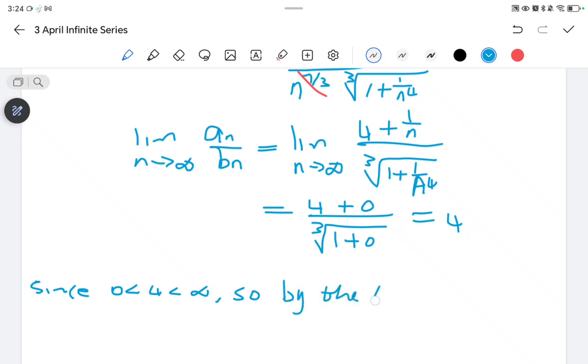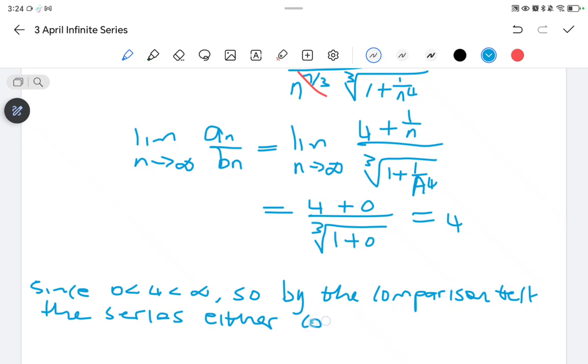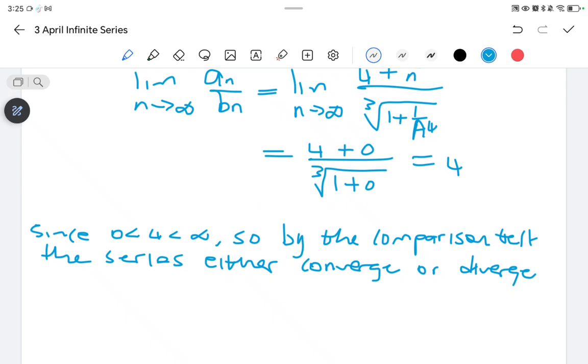So by the comparison test, the series either converges or diverges. You see, right? So now we need to check b of n, if it converges or diverges.